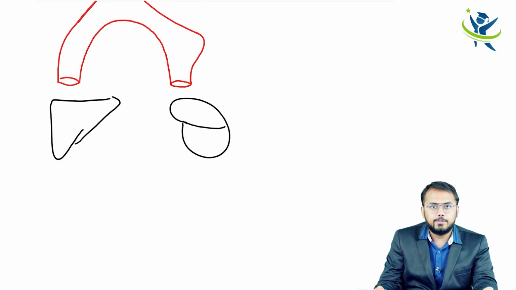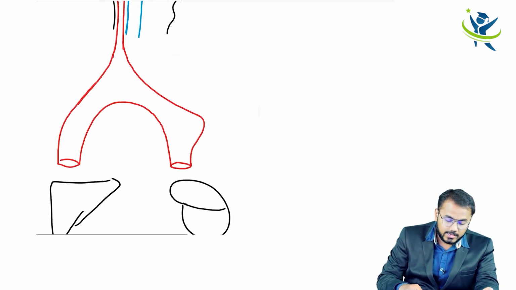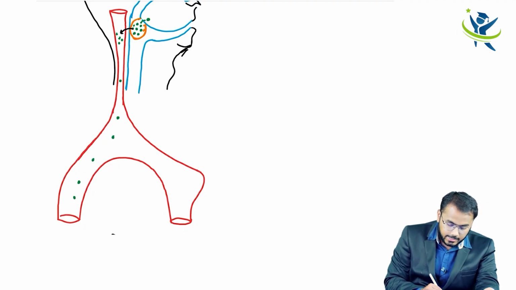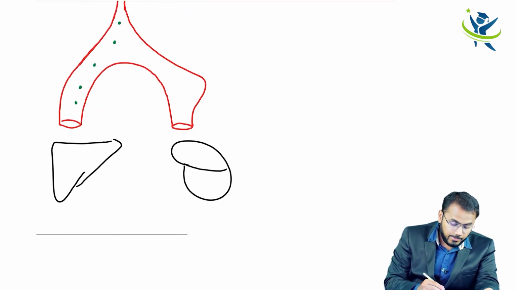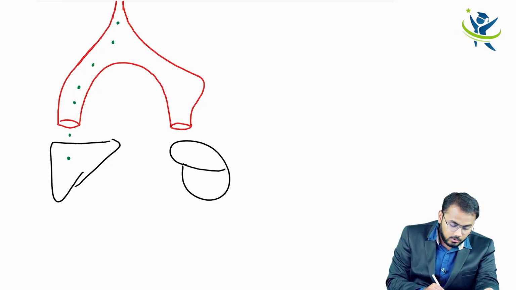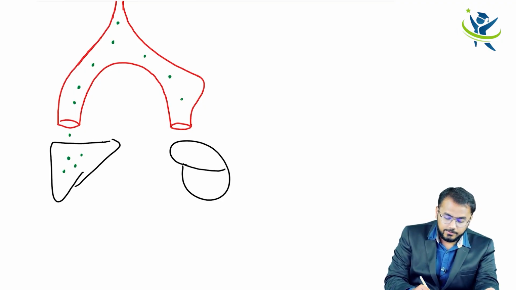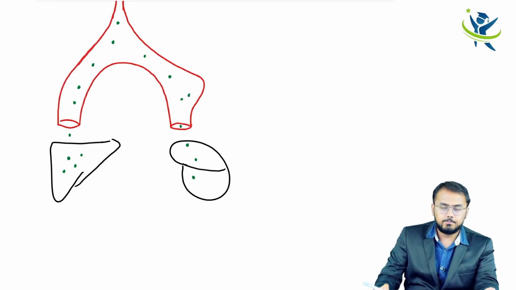This is your spleen, right? So this virus goes all the way down like this, and it enters into the hepatic artery. After entering into the hepatic artery, this virus will straight away make its way to the liver, and this virus will enter into the splenic artery all the way like this, and finally enter into your spleen.